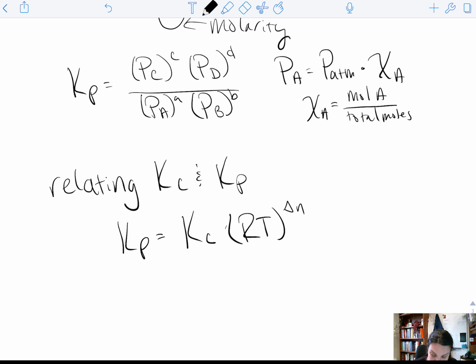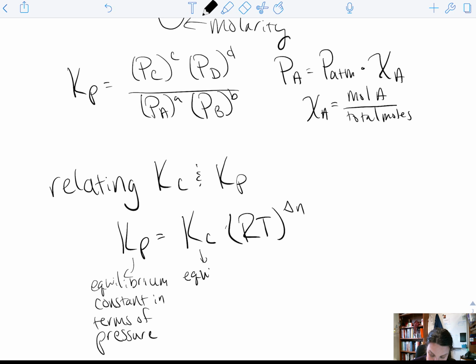So we have our two equilibrium constants: our equilibrium constant in terms of pressure, and our equilibrium constant in terms of concentration.